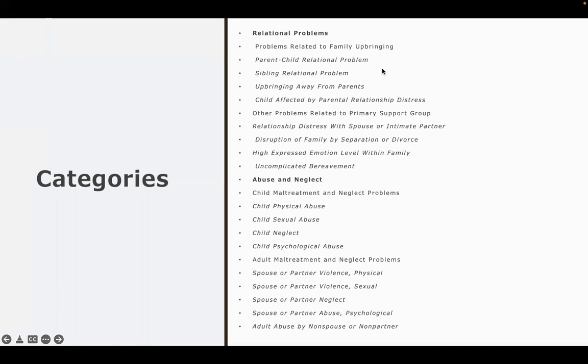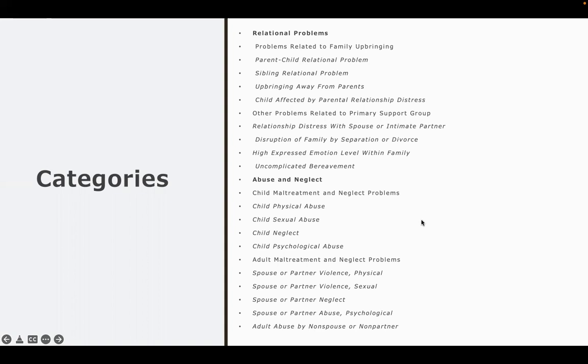So in terms of relational problems, again, maybe there is an individual who is presenting with anxiety, and given their current living situation or their current relational distress, that gives some insight into what may be contributing to the anxiety. So categories are broken up into relational problems, abuse and neglect.